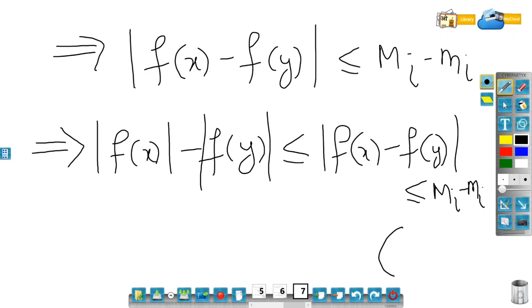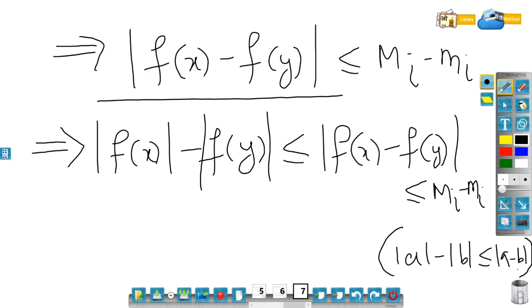We had this property, if you remember: mod a minus mod b is always less than or equal to mod of a minus b. So this property I'm using. So mod of f of x minus f of y is definitely greater than mod fx minus mod fy. I'm interested in the first and third parts, so I will write that now.